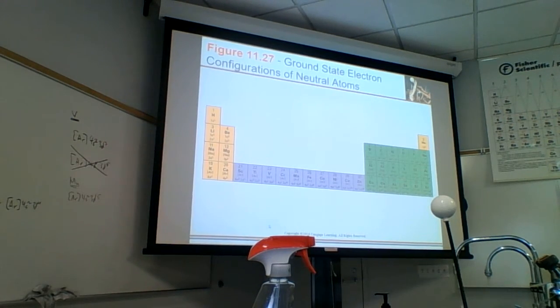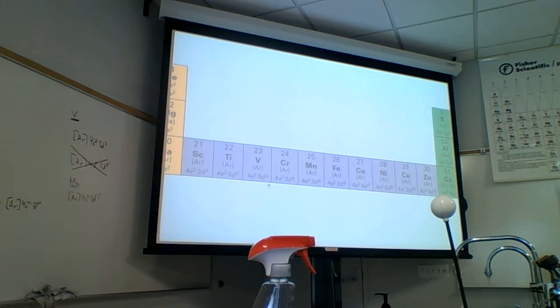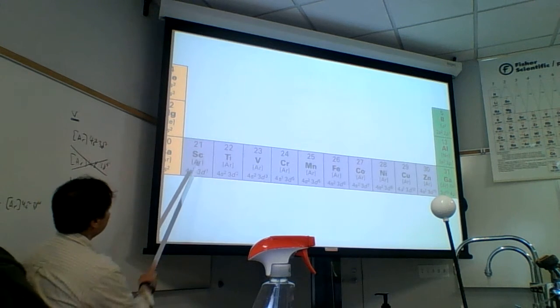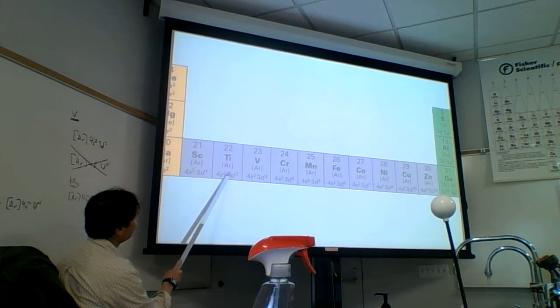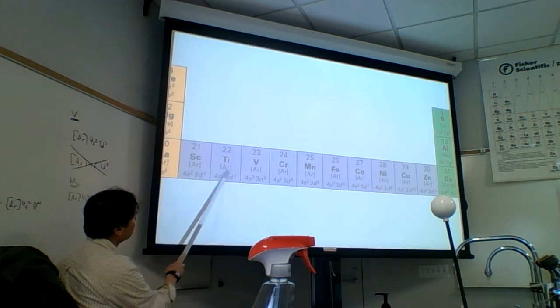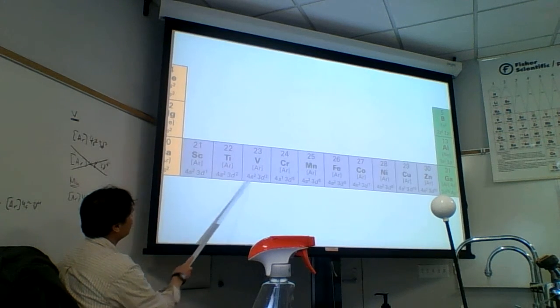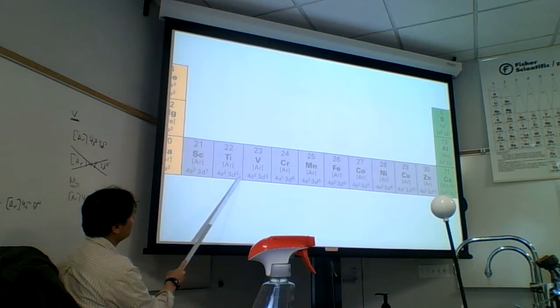All right. So here, let's take a look at the electron configurations here. So this is just normal filling, you know. Scandium 4s2, 3d1, titanium 4s2, 3d2 after argon. Vanadium 4s2, 3d3, so we go d1, d2, d3.